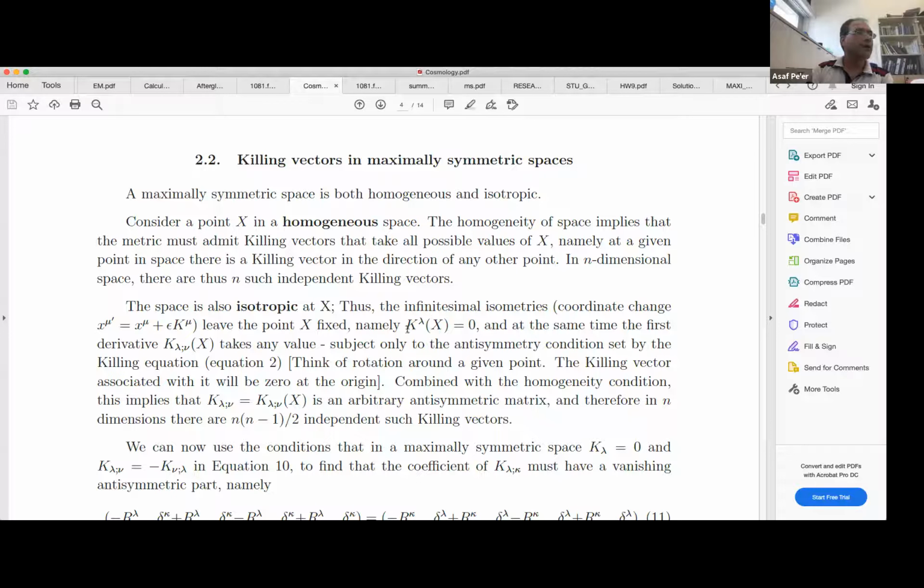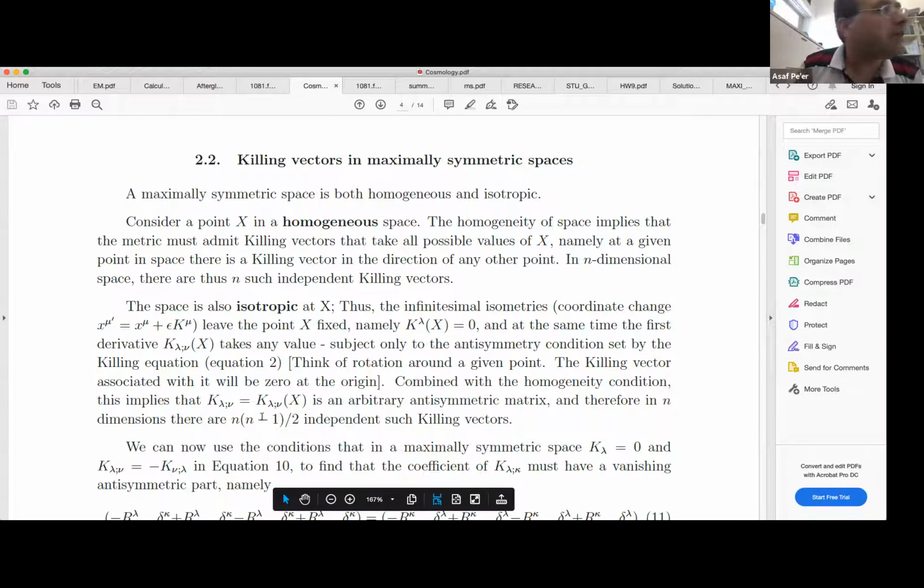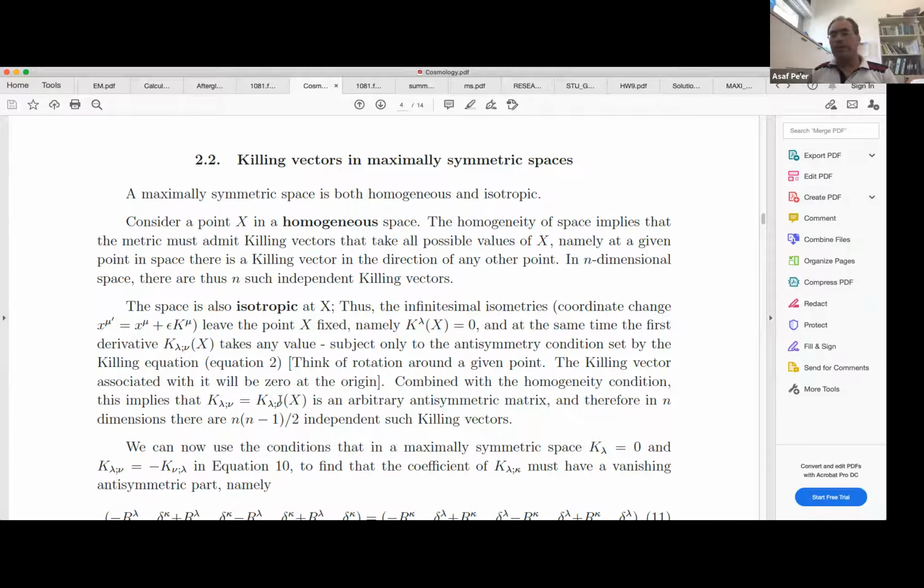So k_lambda of x would be 0, but you'd have all these possible Killing vectors, which are subject, of course, to the Killing condition, that k_lambda;nu is equal to minus k_nu;lambda. And of course, as I pointed out here, there are a total of n times n minus 1 over 2 independent such Killing vectors.